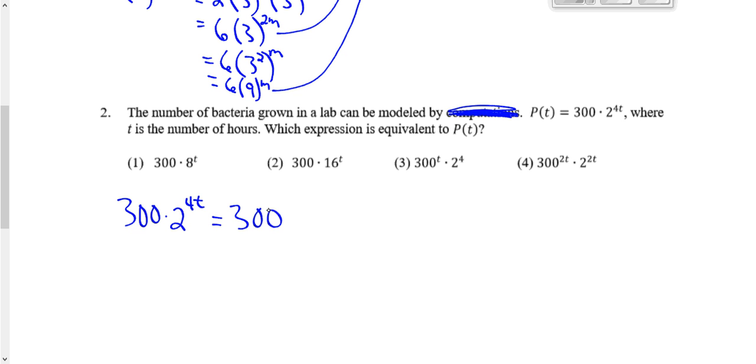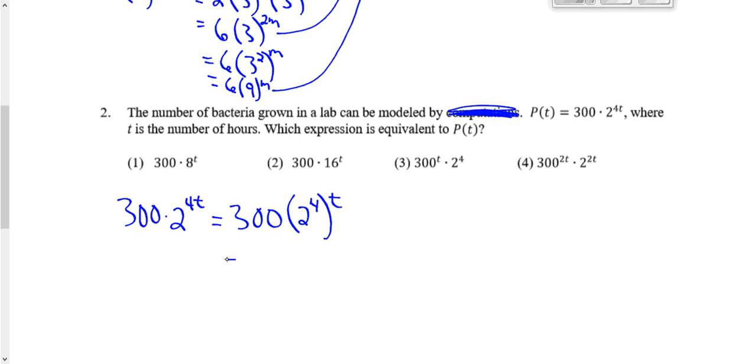Not yet, not yet. We will. I want to see it as a power to a power. What's the power inside parentheses? So inside parentheses, you'll have 2 to the 4th to the t, right? Again, because if we work this backwards, if I was going to simplify this, this would end up being 2 to the 4t by a rule, right?